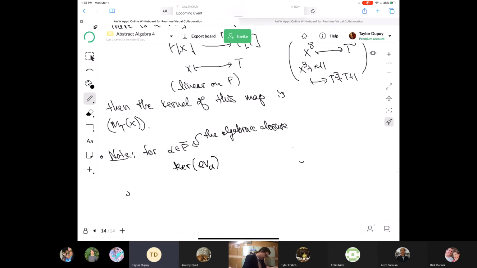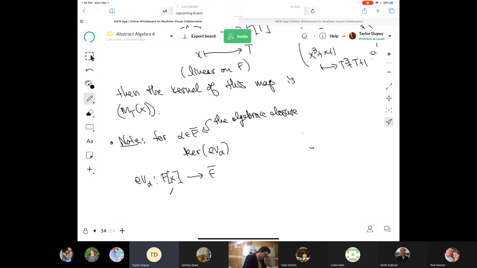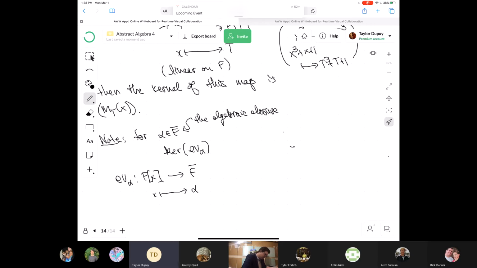So here, evaluation at alpha is this map from F[x] to F bar, given by this variable x going to alpha, right? Then the kernel is m alpha of x. So this is the minimal polynomial of alpha. So this is kind of an analogous situation.